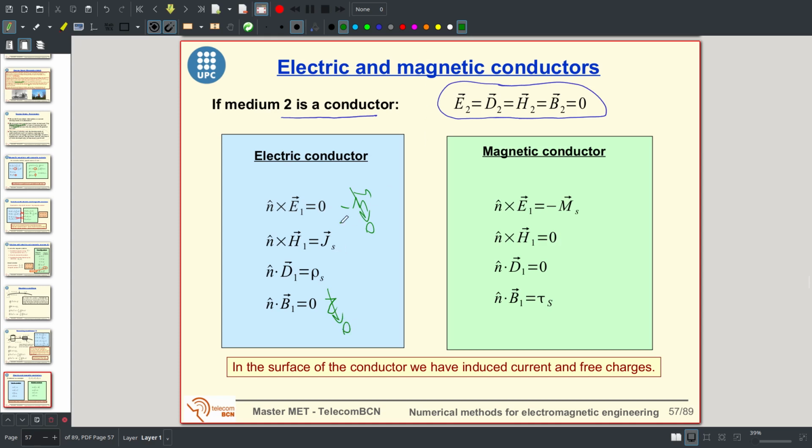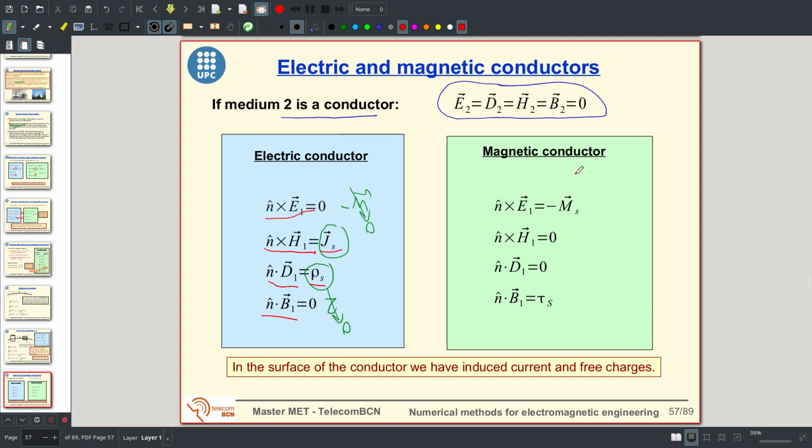So in an electric conductor we get the well-known boundary conditions: the tangent component of the electric field is equal to 0, the tangent component of the magnetic H field is equal to the electric current density, the normal component of the electric displacement vector is equal to the volume charge density, and the normal component of the magnetic field is equal to 0.